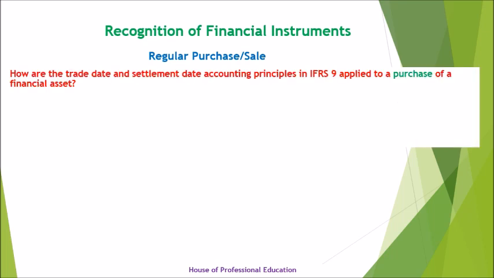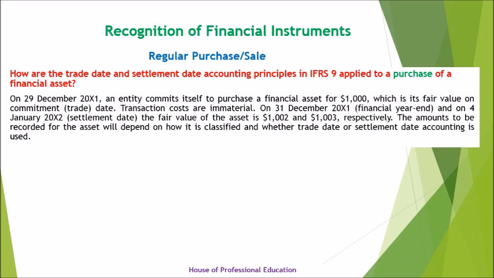Number one, how are the trade date and settlement date accounting principles of IFRS 9 applied to a purchase of a financial asset? On 25th December 20x1, an entity commits itself to purchase a financial asset for $1,000, which is its fair value on commitment date.